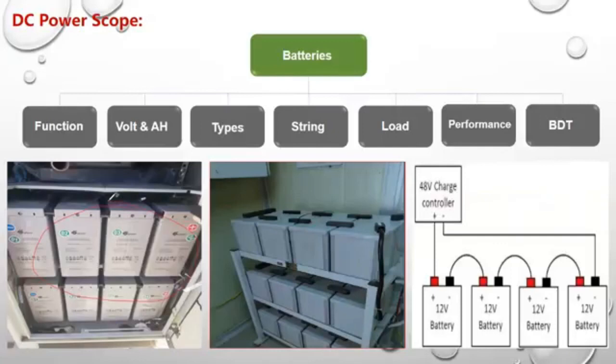So if the ampere hour of this battery type is 155, it means these batteries can supply a load of 155 amperes for 1 hour. This should be what happens, but actually it gives me 155 amperes for 45 minutes or 40 minutes, depending on the battery efficiency, all right?